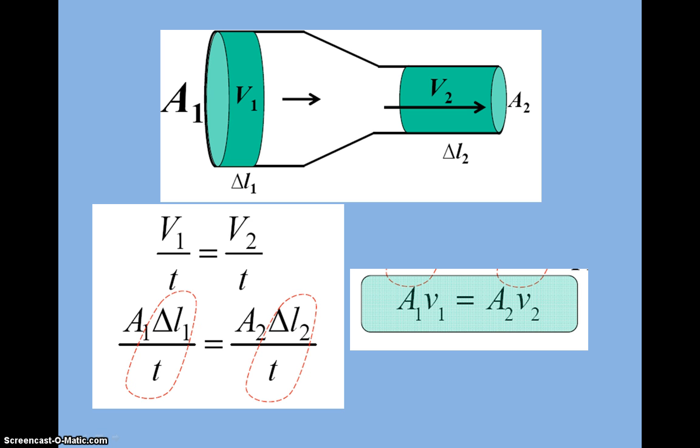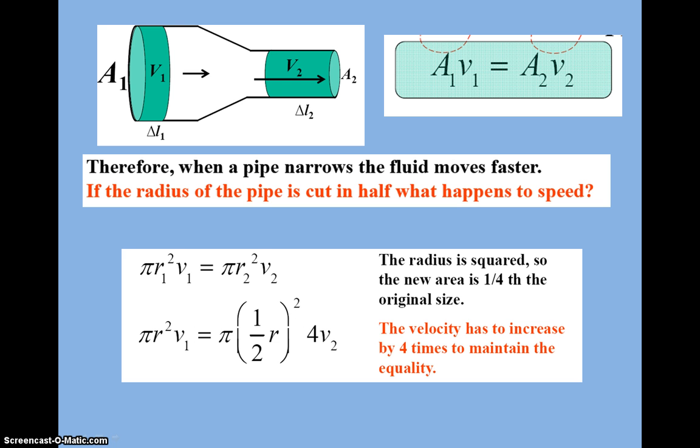So we can set up this equation showing that area times velocity at this location in the pipe has to be equal to the area times the velocity at this location of the pipe. So since area is decreasing, they're inversely proportional, so that means the velocity must increase. This gives an example of narrowing the pipe and talks about it in terms of the changing of the radius.